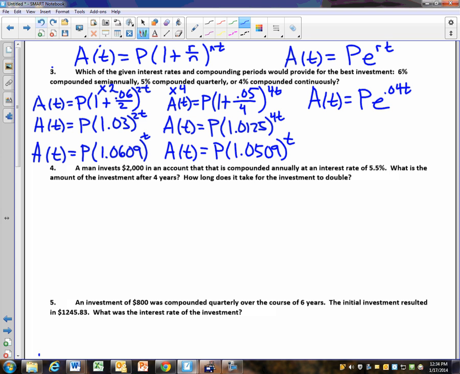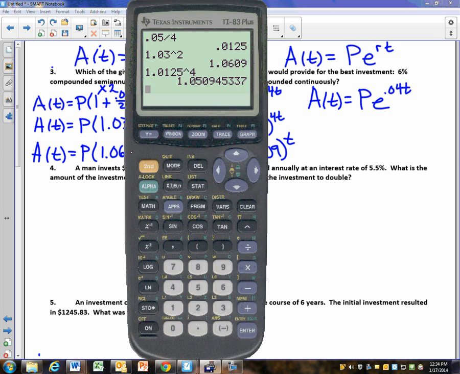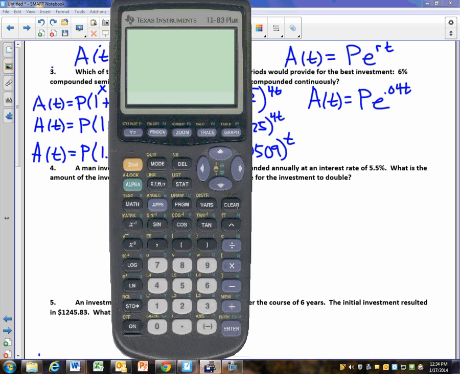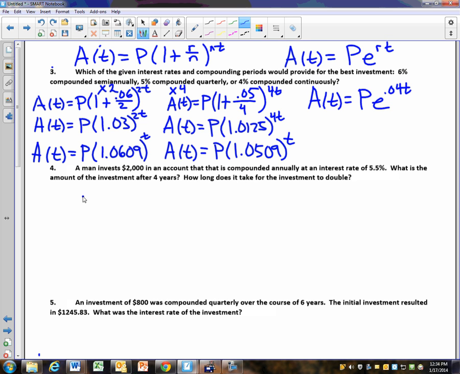And if we do the last one, we have e, the natural base, to the 0.04, and we get 1.0408, times the principal.